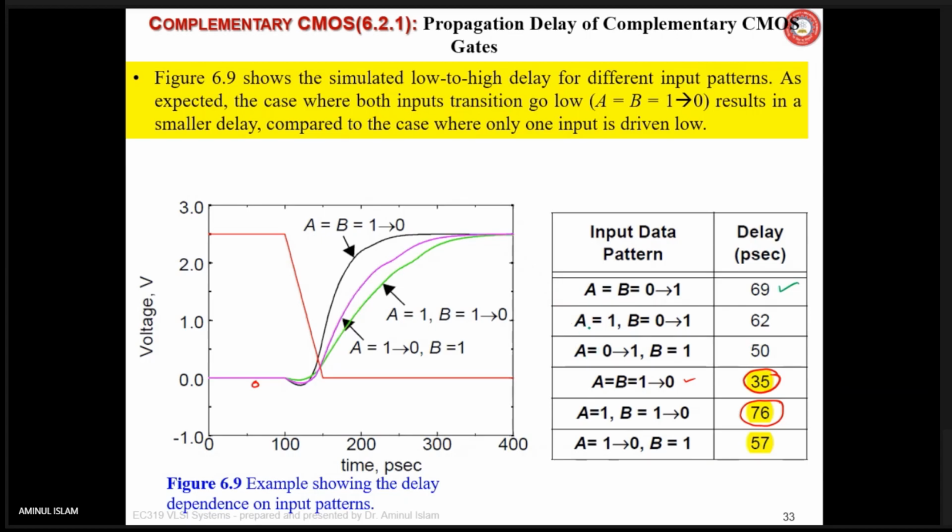If A equals 1 and B makes a transition from 0 to 1, this is the delay. And if B is held high and A makes a transition from 0 to 1, this is the delay. Can you think of why it is happening? This case versus this case.